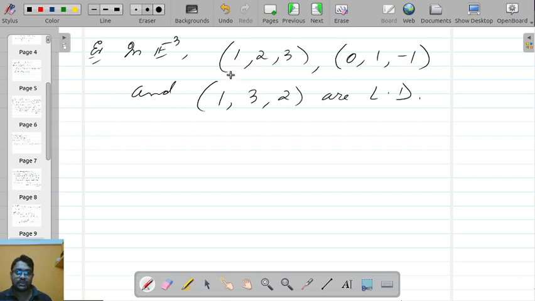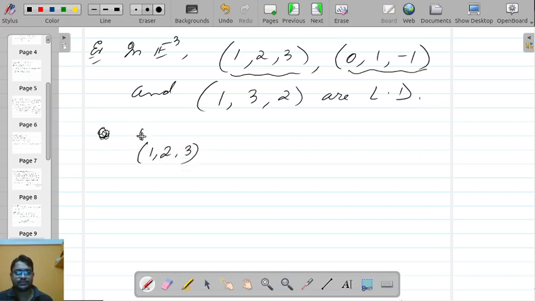If you observe nicely, this plus this gives you this. (1, 2, 3) plus (0, 1, minus 1): 1 plus 0 is 1, 2 plus 1 is 3, 3 minus 1 is 2. So the sum of these two is the third one. I will not write exactly the solution, since the mechanical way of solving is a bit different. Here I have made the question, so it's easier for me to write.